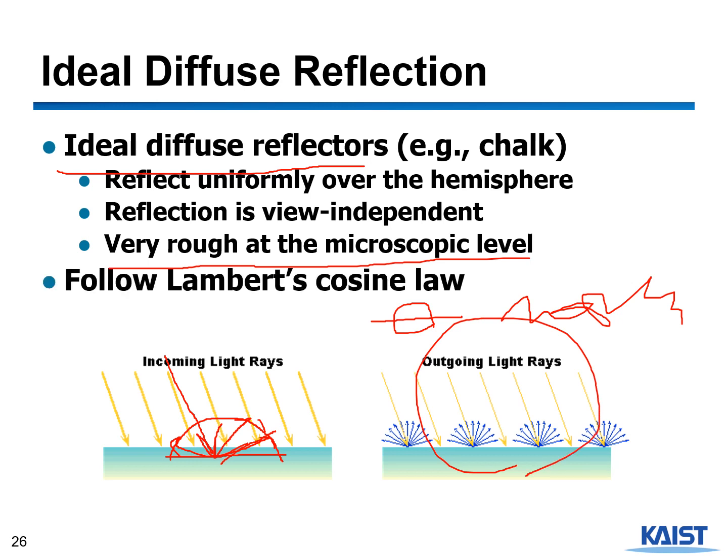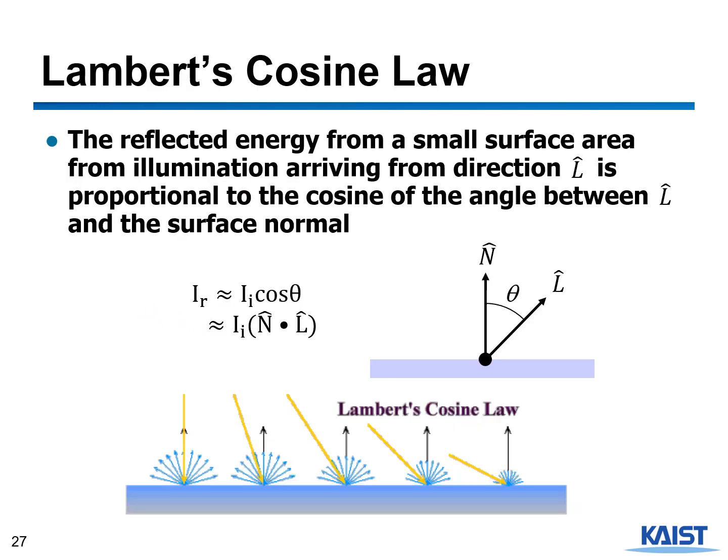Then the question: how can we represent this with a simple equation? It turns out that it's Lambert's cosine law. Basically, Lambert's cosine law tells us the reflected energy from a small surface area, given illumination arriving from direction L. If we get light energy from the L direction here, then the reflected energy we can receive here is proportional to the cosine of the angle theta between L and the surface normal n.